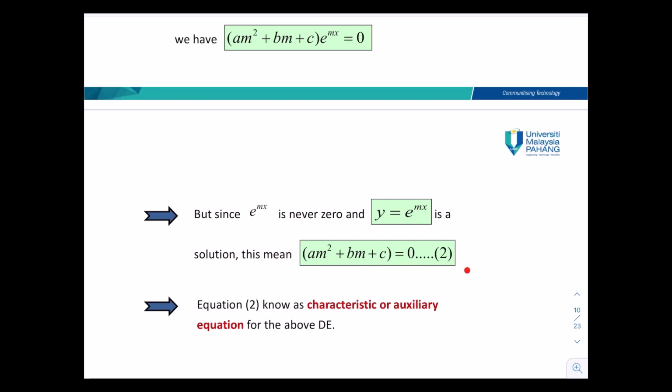This equation number 2 is known as the characteristic equation or auxiliary equation. In this video, I call this the characteristic equation, or the shortcut name CE.